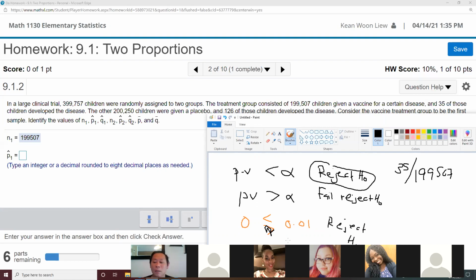So on the calculator, make sure you divide 35 by 199,507. You get 0.123 percent. Right?